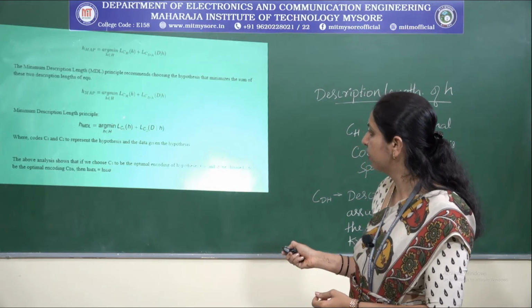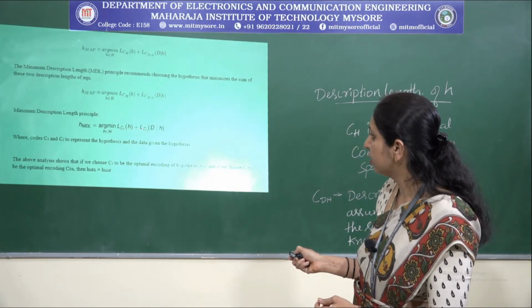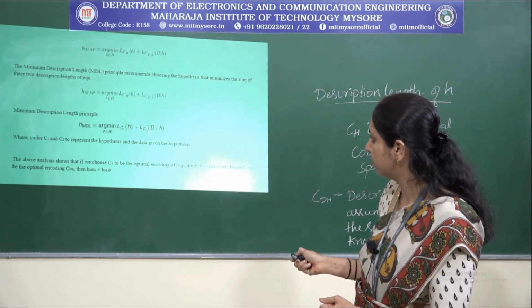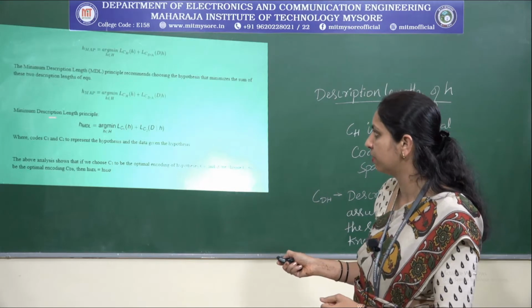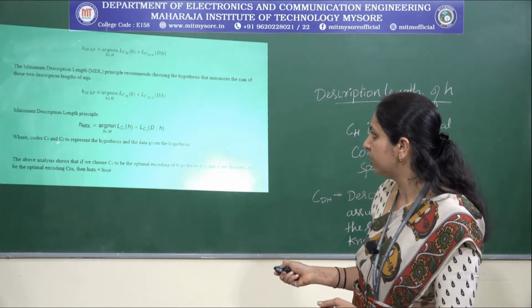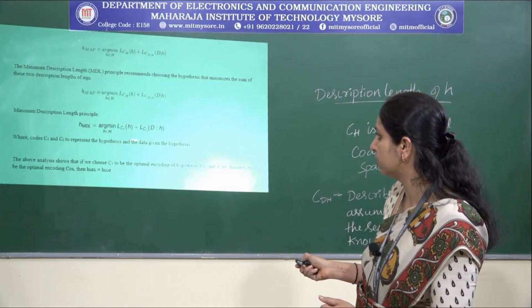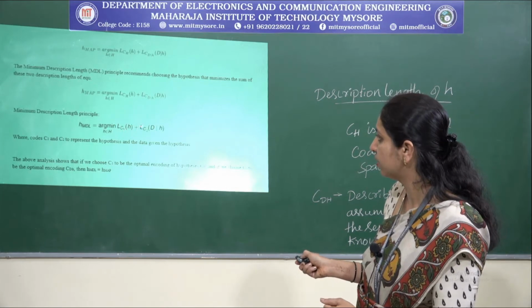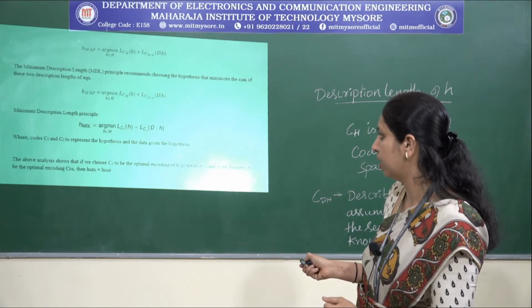That is, the minimum of L(C1) plus L(C2), that is D given H. So finally we can have this equation to define the minimum description length principle, where codes C1 and C2 represent the hypothesis and the data given the hypothesis.